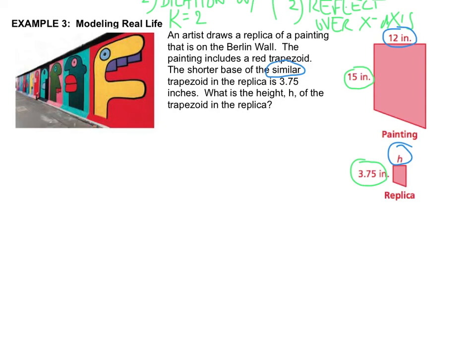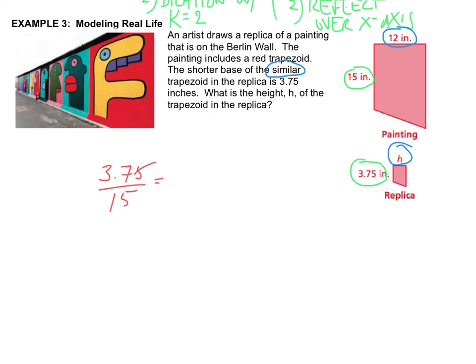So what I'm going to do is the following. I am going to put 3.75 as my numerator from the small one. That one compares to 15 from the other trapezoid. So that's my first ratio. We know that proportions are two equal ratios.